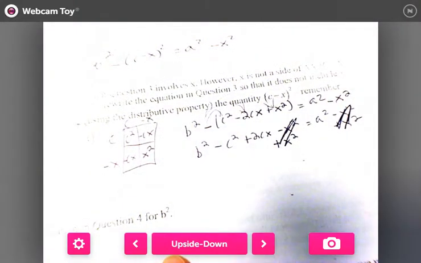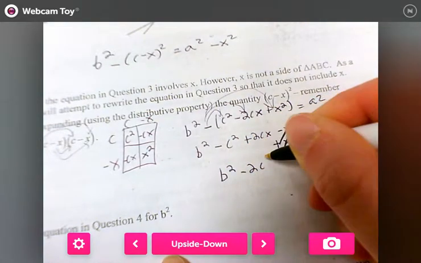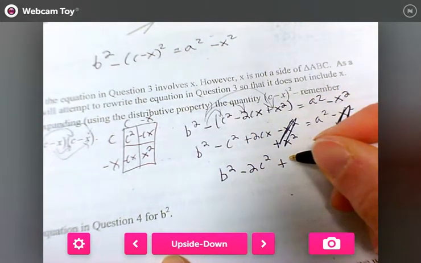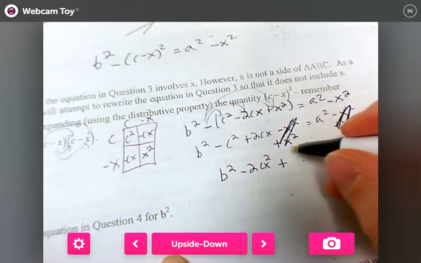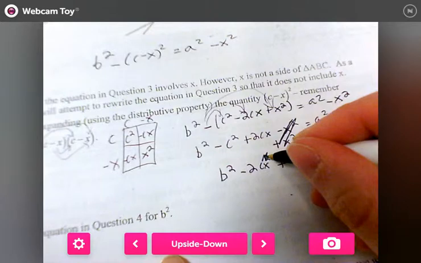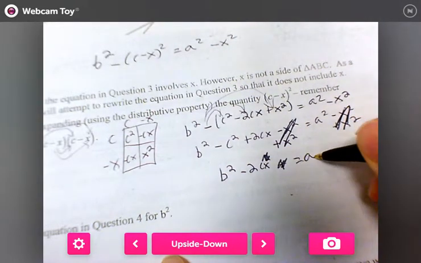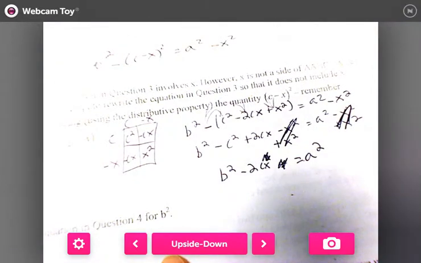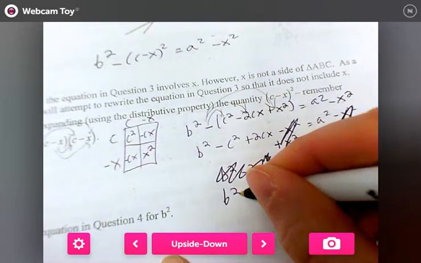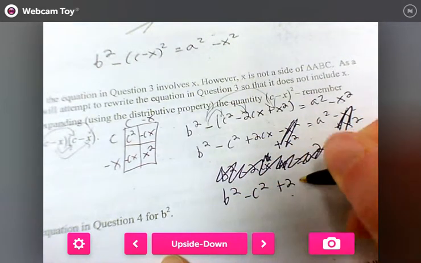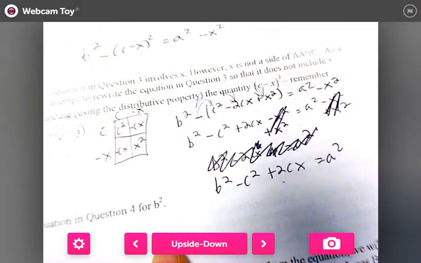Okay? So now I have b squared minus c squared plus 2cx equals a squared. Oh, no, I wrote this wrong. Sorry. B squared minus c squared plus 2cx equals a squared. Okay?